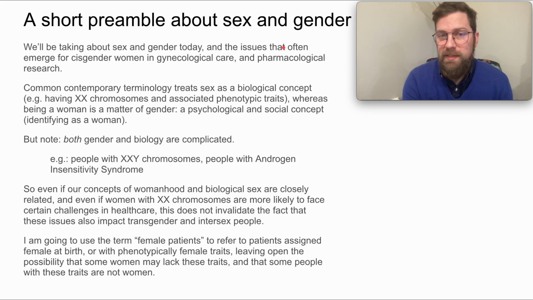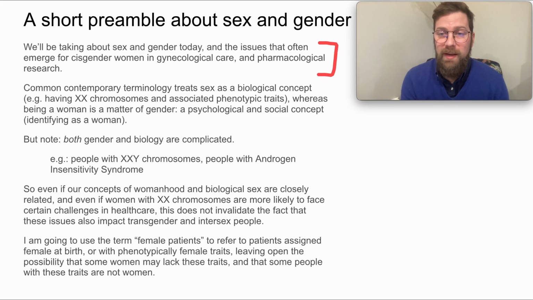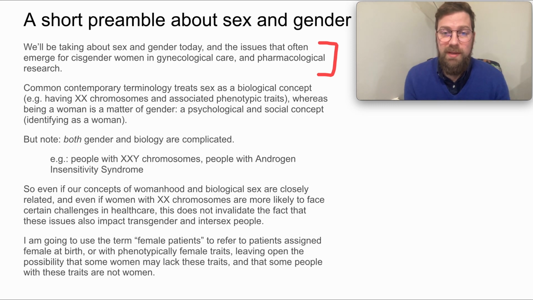The issues that I'm going to be talking about are issues that emerge for people with certain hormonal characteristics, and also issues that emerge for people with certain kinds of anatomy, i.e. a person with a vagina with a uterus such that this person will be receiving gynecologic care. So in some ways we can think of these issues, and we would typically think of these issues as problems that women face in healthcare.